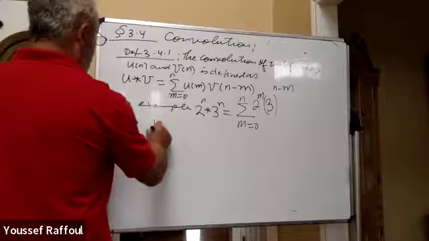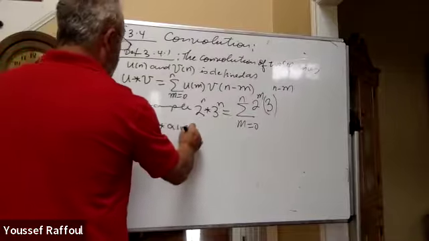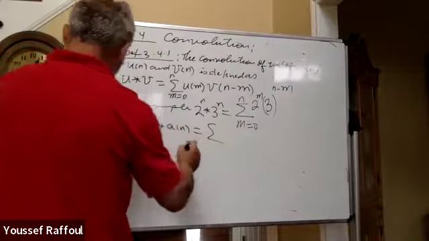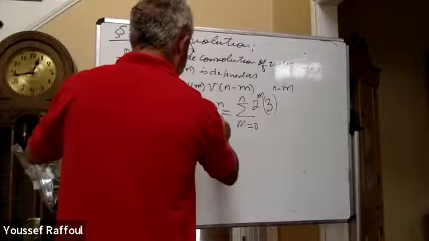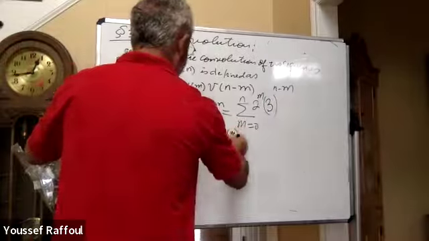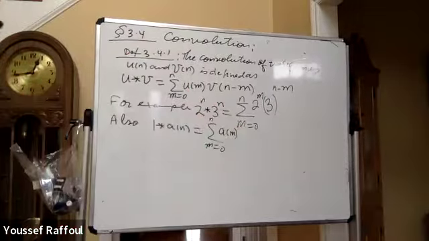Also, 1 star an is the sum for m equals 0 to n of am. Okay?